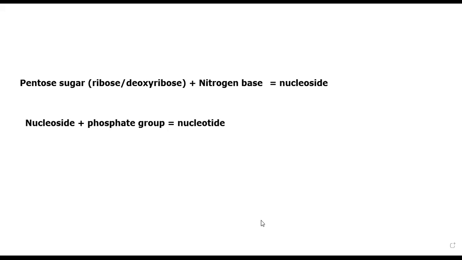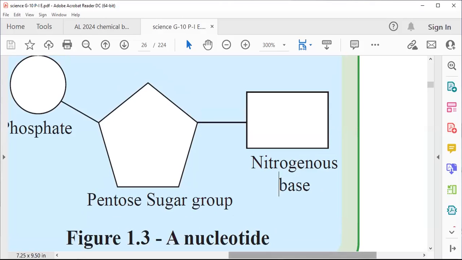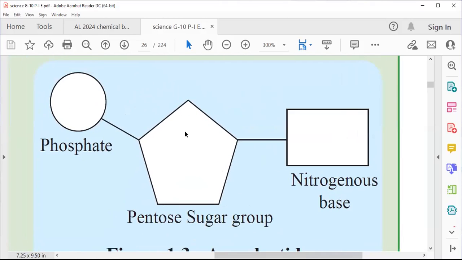Completed? Yes, sir. Good. Here, look at this diagram. This is a nucleotide. Why do you say it's a nucleotide? Pentose sugar is there, nitrogenous base is there, phosphate group is there. Correct? Correct, sir. If all these three are there, how do you call it?